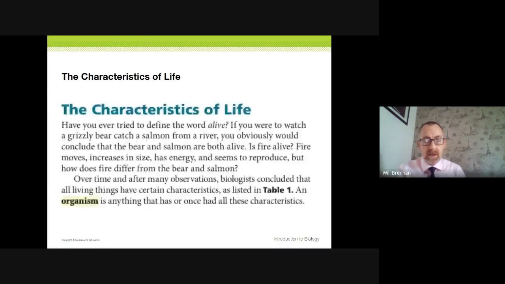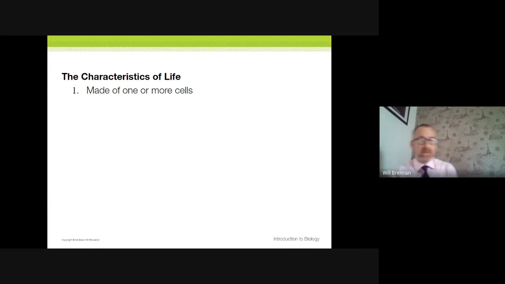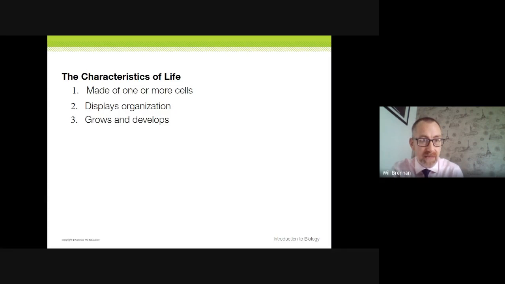So, the characteristics of life. Number 1, all living things are made of cells. Number 2, all living organisms display organization. Number 3, all living things grow and develop. Number 4, all living things reproduce.